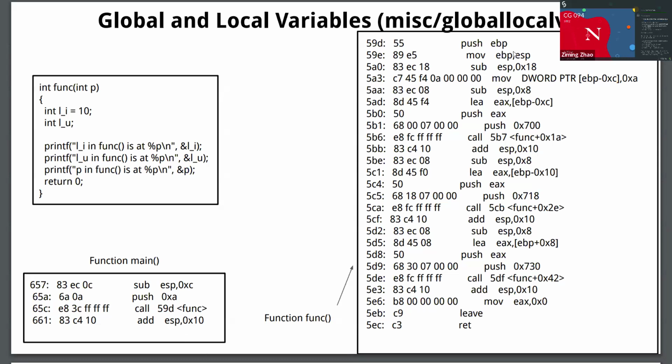So that's the caller's part. The callee's part, at the very beginning, we have push EBP, move EBP to ESP, subtract something from the ESP. Then at the end, we have move ESP to EBP, pop EBP, and return. So leave is basically equivalent to those instructions.